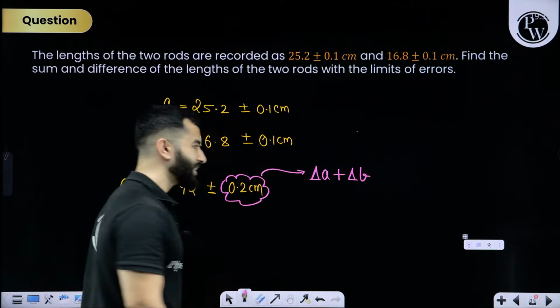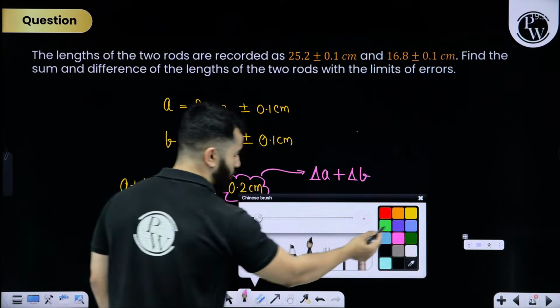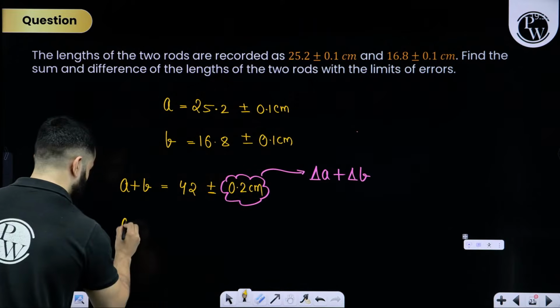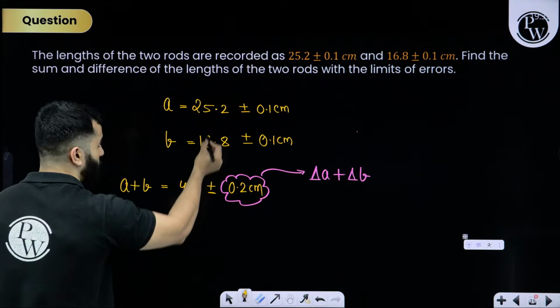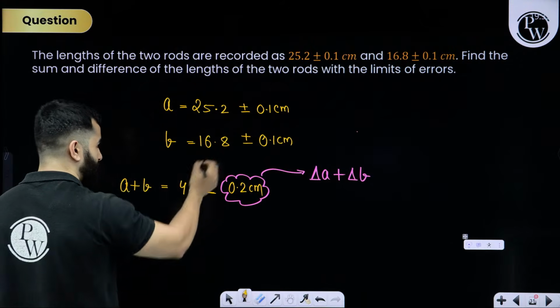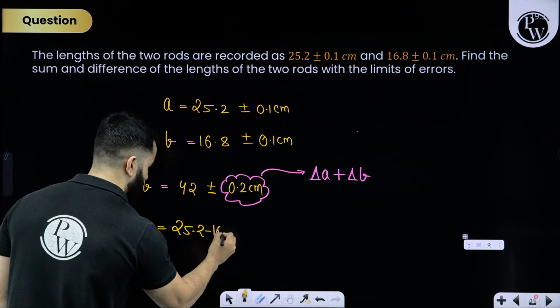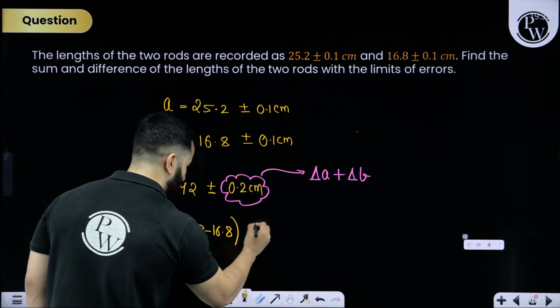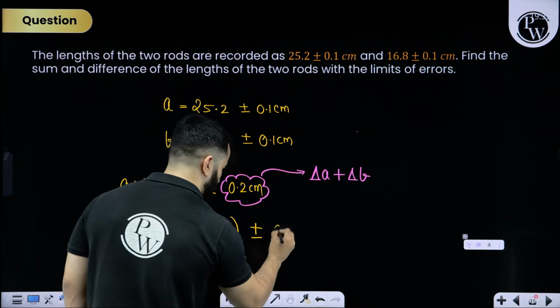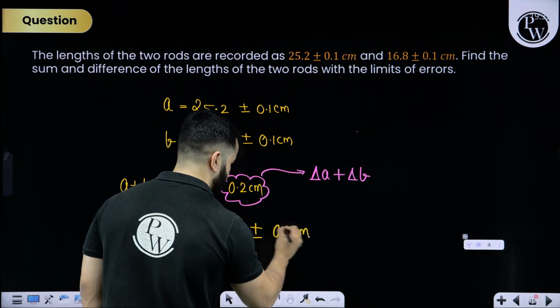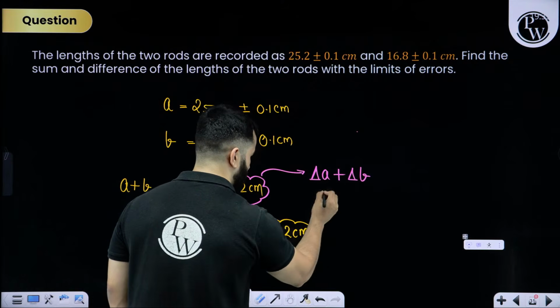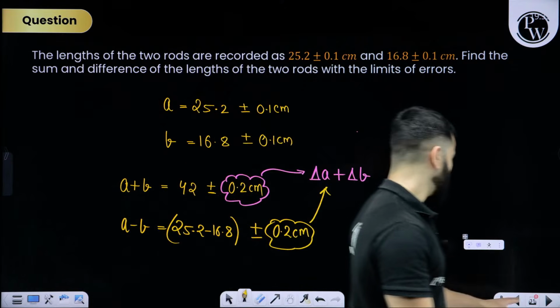So we always add errors even when they talk about A minus B. So you write down 25.2 minus 16.8. But still over here you still write down 0.2 centimeter itself, because this is still your absolute mean error in sum or difference.